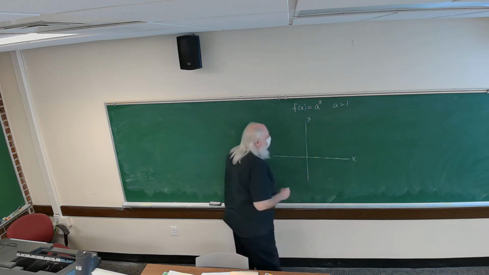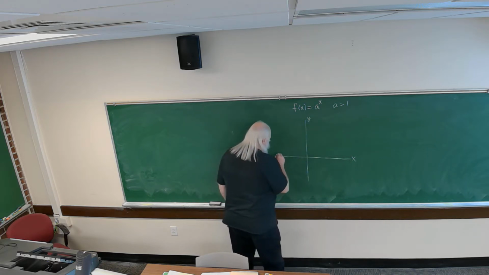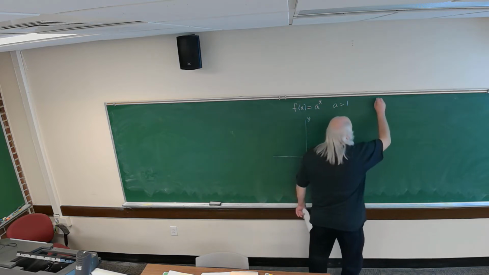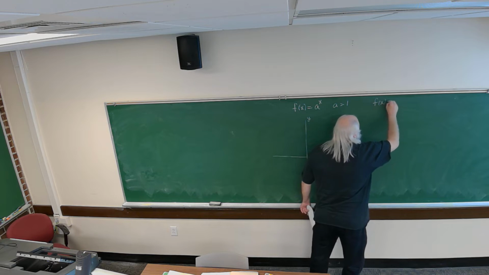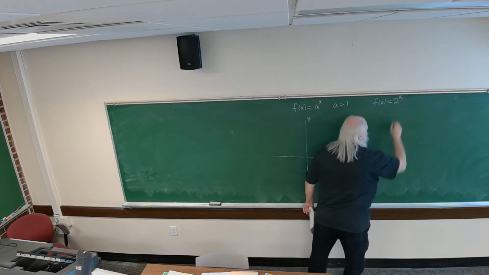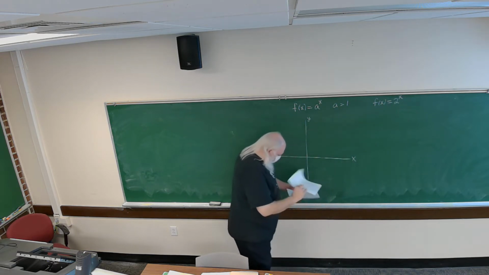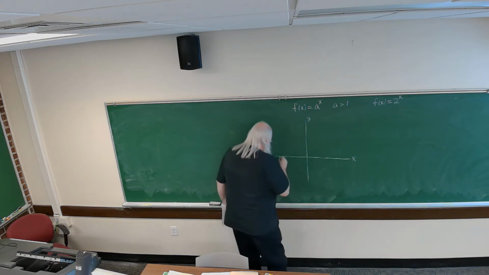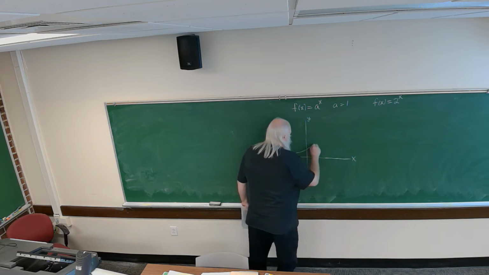So when a is a positive number greater than 1, right, the graph is going to be similar to that of f of x equals 2 to the x power, right, which we did at the bottom of page 1. So it looks something like this.